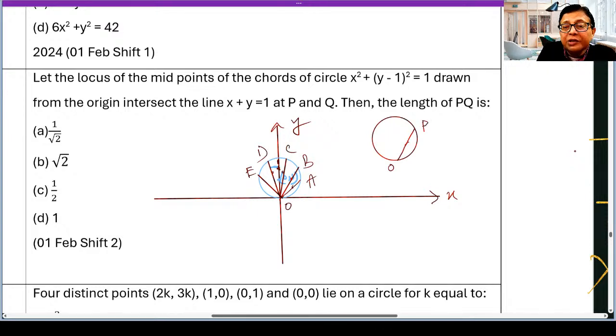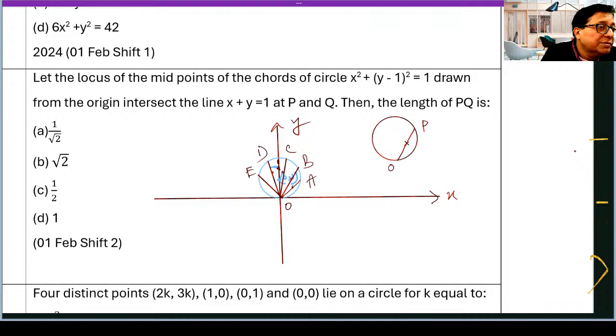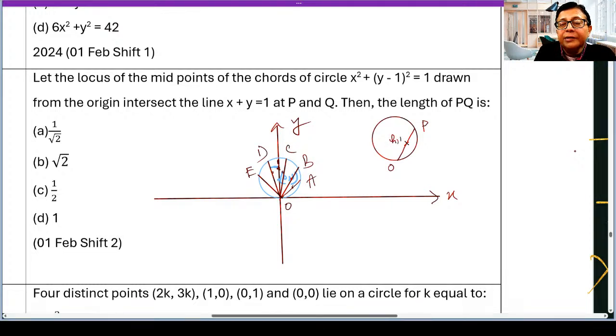I have to find the locus of this midpoint. Let that point be H, K. So the chord is OP, this is the midpoint, and this is the origin.